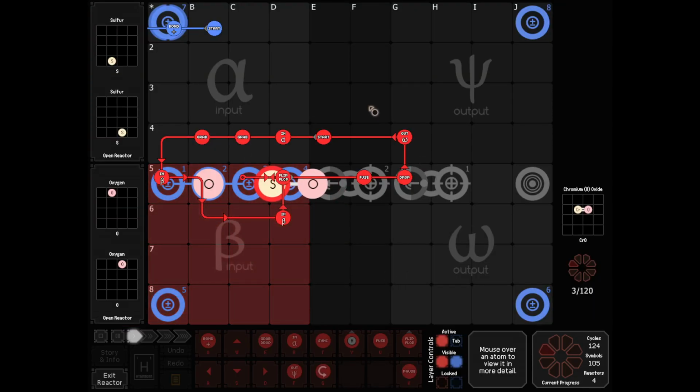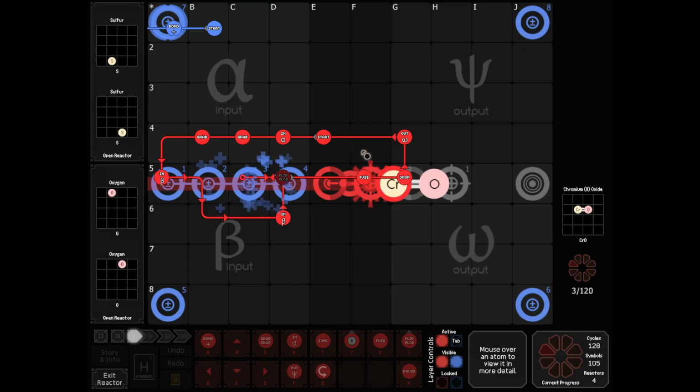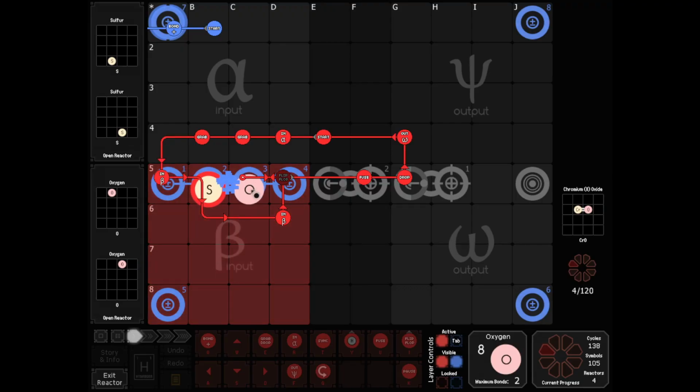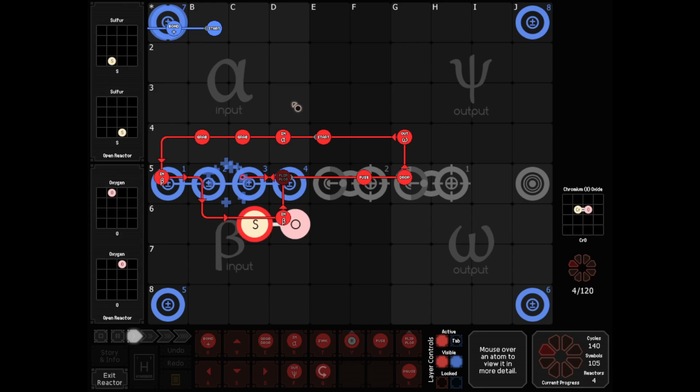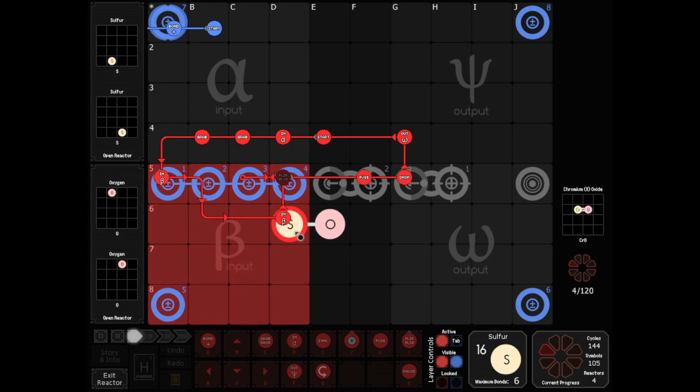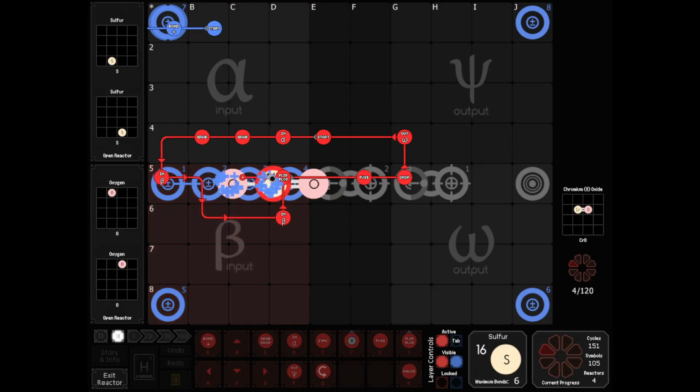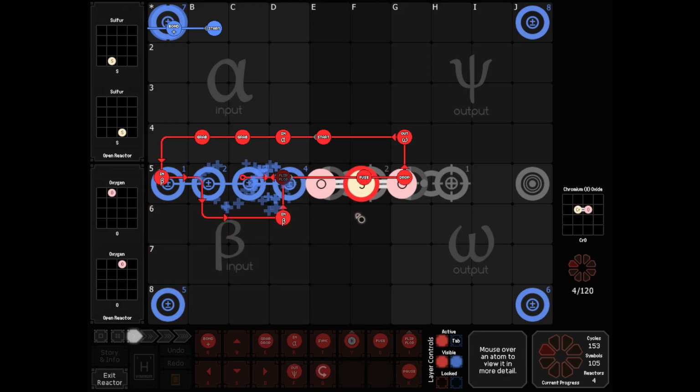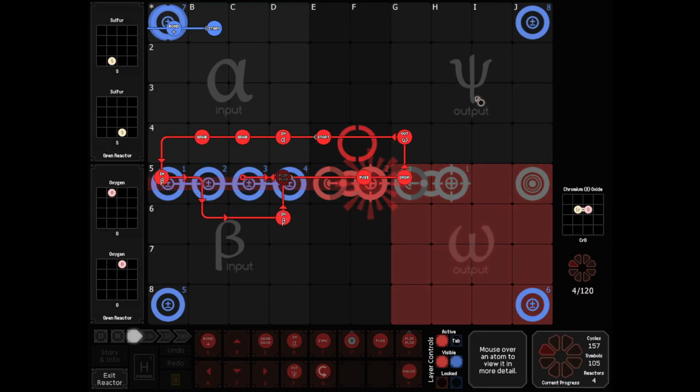And then finally, this reactor inputs sulfur, inputs oxygen, bonds them together with a bond hammer, inputs another oxygen, creates double bonds which aren't fully needed because it fuses this here, and then drops and outputs.